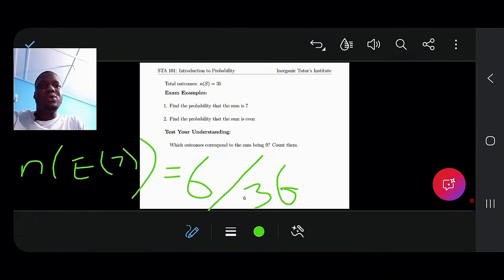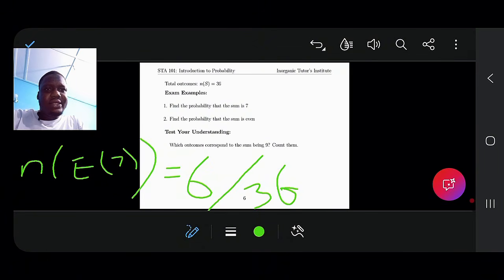So you have 36 balls and you've marked 6 of them. So the chances of picking any of these 6 at random is 6 out of the 36 that we have. That will give us the probability of selecting any one of the marked balls. So in this case, to get a probability of sum of 7, we divide the outcomes that will give us sum of 7 by the total sample space.